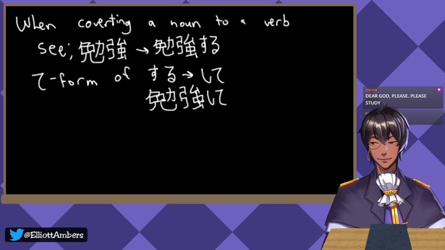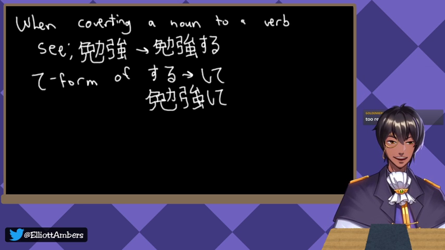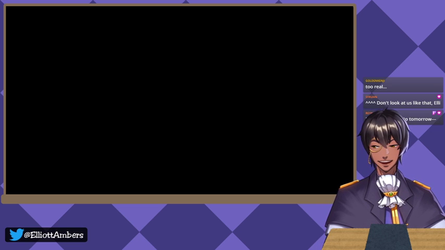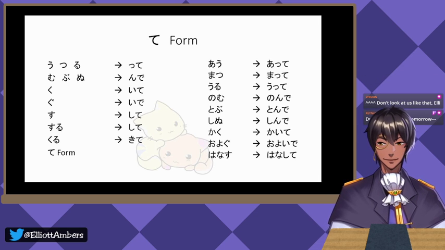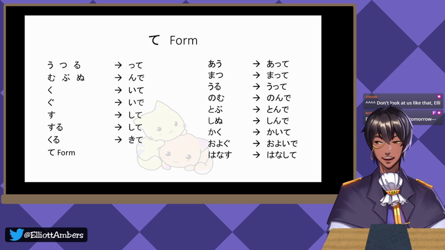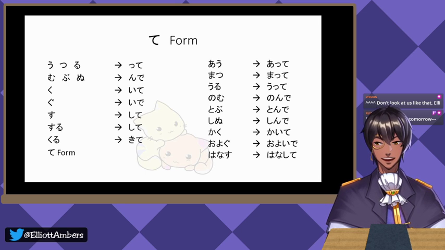And there's a very convenient little mnemonic that they have here. So we talked about all the forms, and there's this image that I pulled off of Google. So you can see, it says te form. And it's essentially saying, when your words end in these syllables, this is the ending.